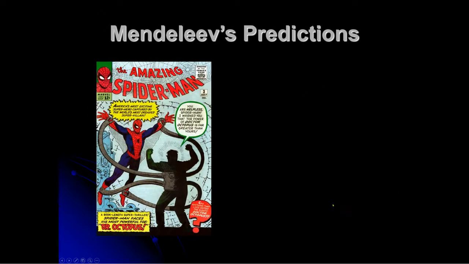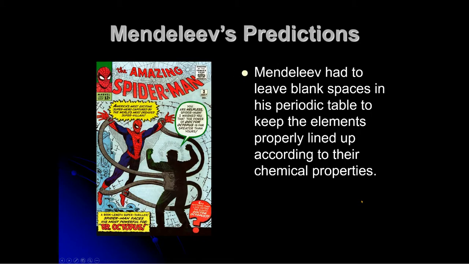Okay, so Mendeleev's predictions. Mendeleev had to leave blank spaces in his periodic table to keep the elements properly lined up according to their chemical properties. He only had, I believe, 61 elements, and I don't even know if he had that many, but now we know there are way more. There's up to 114 elements, but back then there was only 60 maybe, and he put them in order of their atomic number.